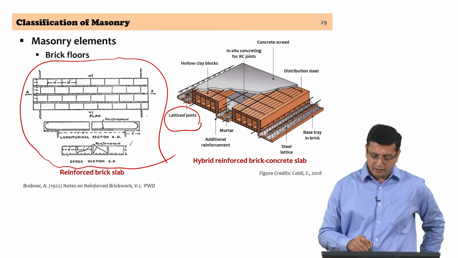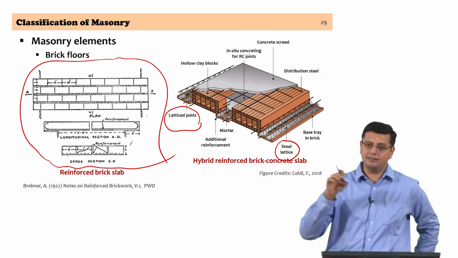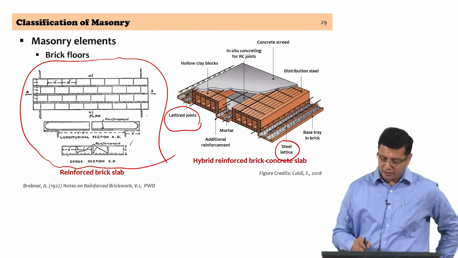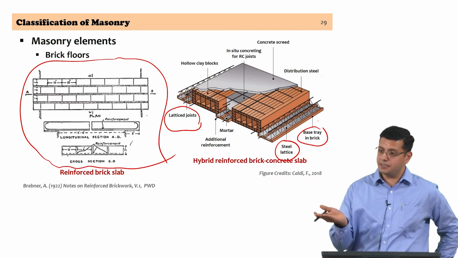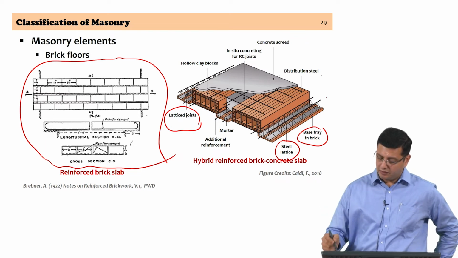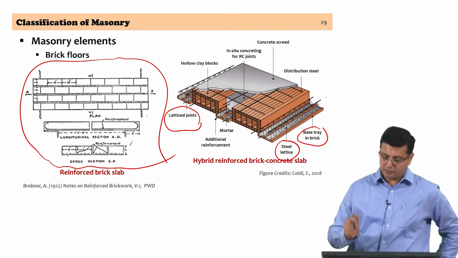These are referred to as lattice joists because we are looking at different configurations of a steel lattice that is embedded in the concrete. You have a base tray in which this is seated, and that is what holds the lattice, and that is the space that is finally concreted.